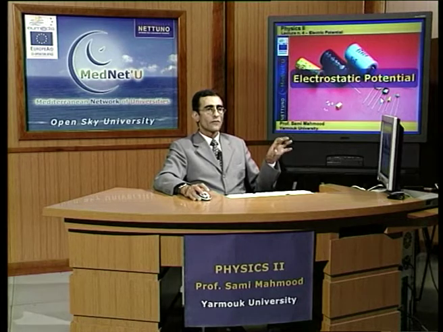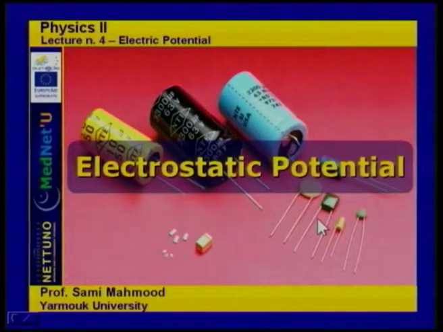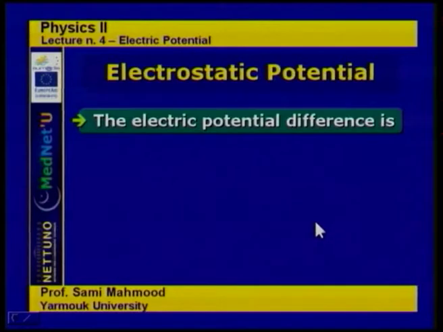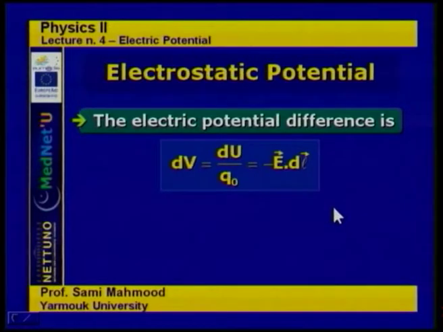This concept of electrostatic energy is linked with another concept, which is the electrostatic potential. This physical quantity is derived from the electrostatic energy, and is defined as the difference in potential as the point charge moves a displacement dl in the field.